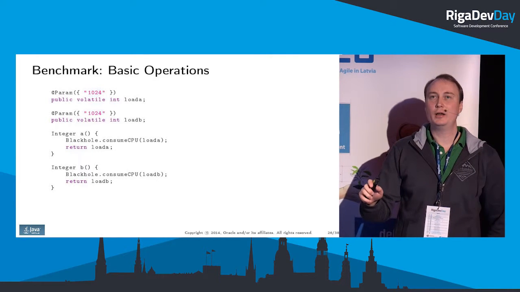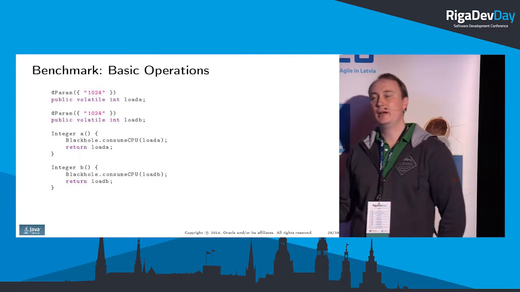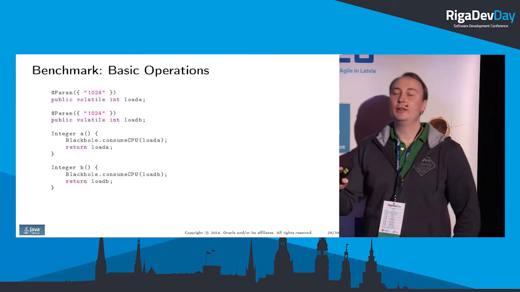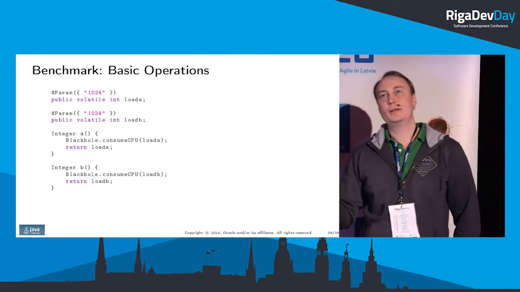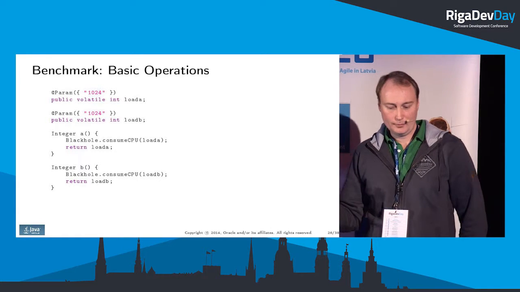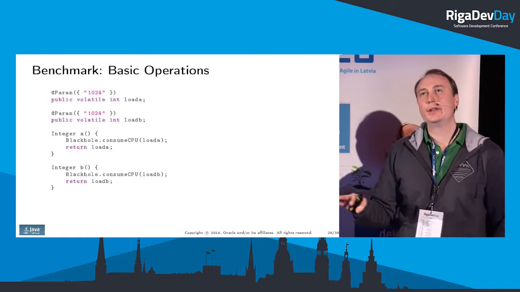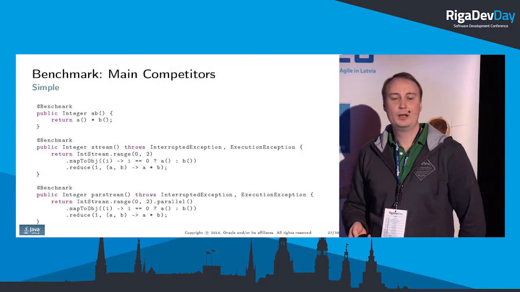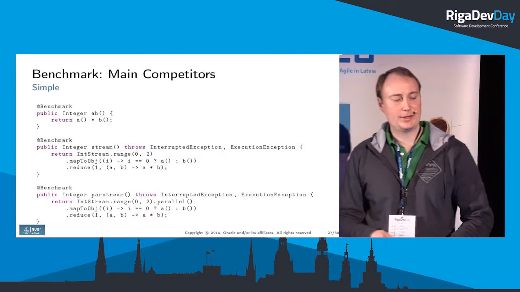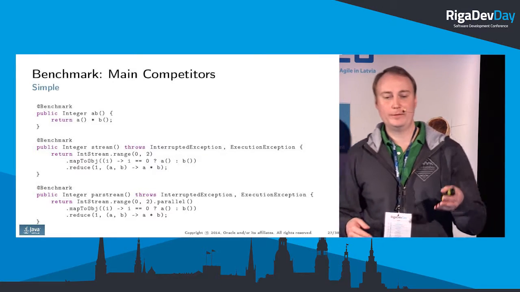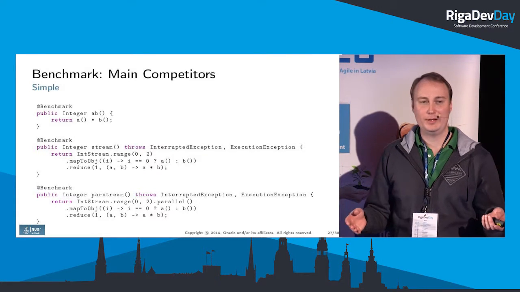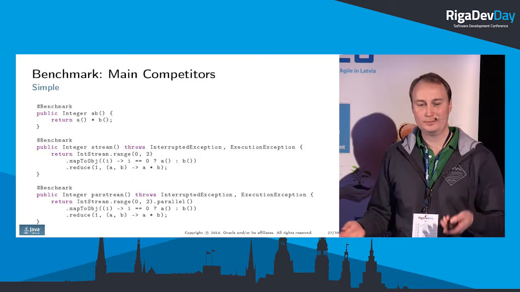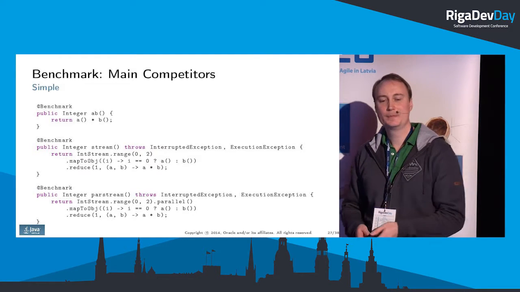It's actually a cycle that does some arithmetic operations and is not eliminated by the compiler. The simplest one is sequential calculation of multiplication, A times B. So this is the first benchmark.